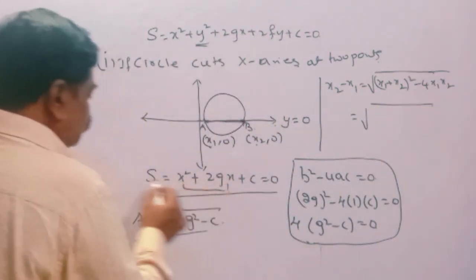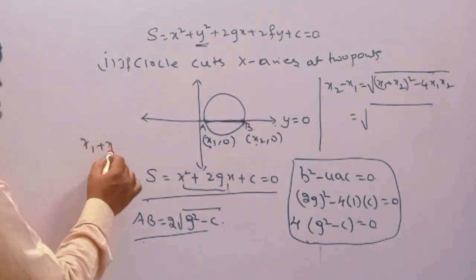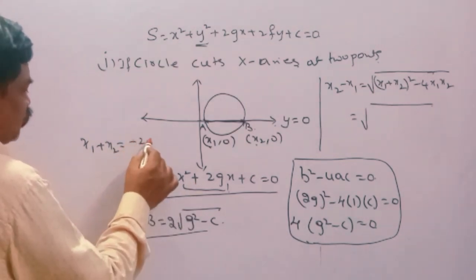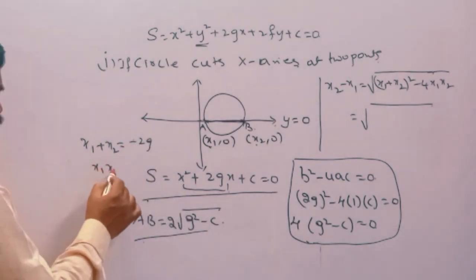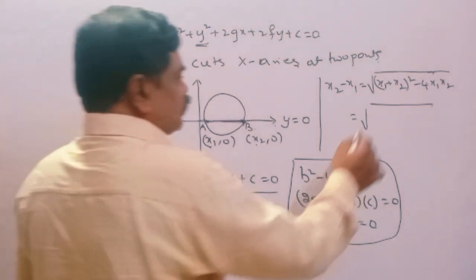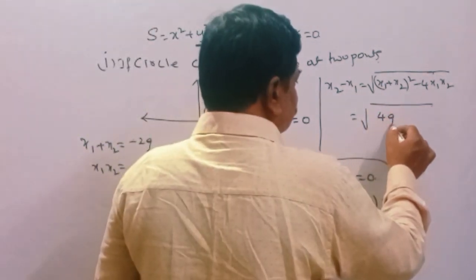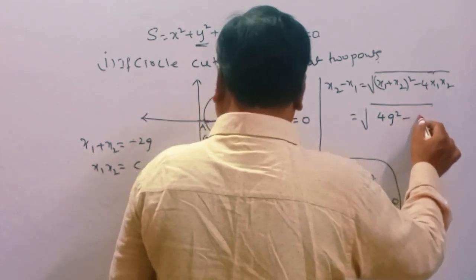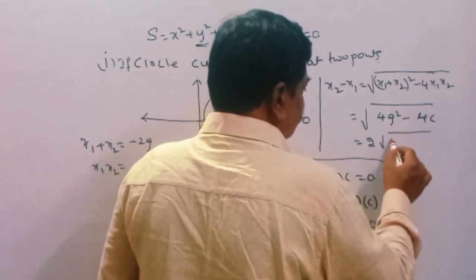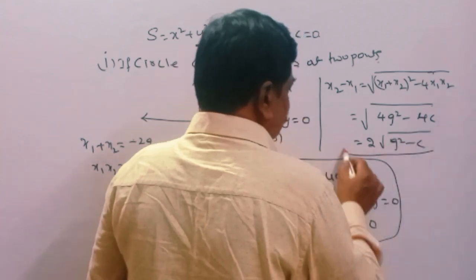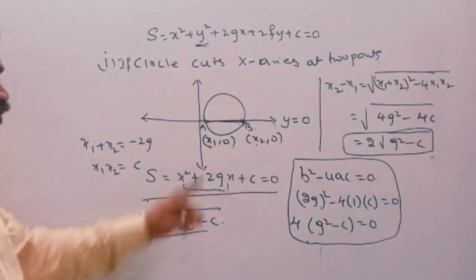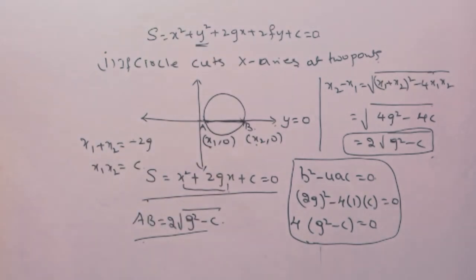Sum of the two roots x1 plus x2 is equal to minus 2g, and x1 into x2 is equal to c. We substitute here: this is 4g square minus 4c, and this is 2 into root over (g square minus c), which gives the x-intercept. Okay, all of you.